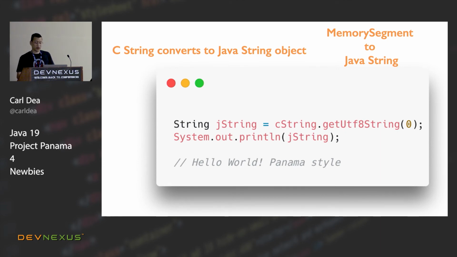So how do you turn a C memory segment instance, which is a C array of characters, into a Java object? They have a simple method off of the memory segment instance, that object that I described. It's called getUtf8String.